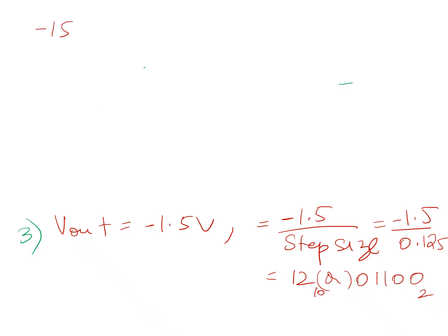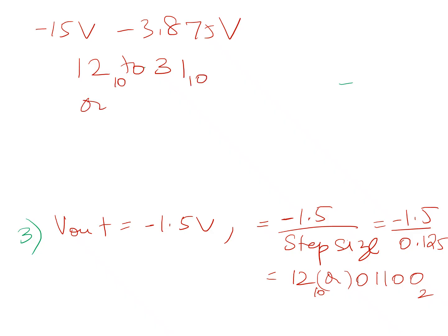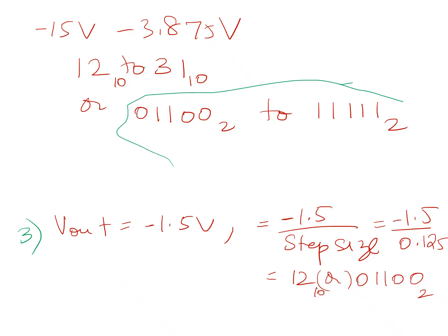If minus 15 volts exceeds the full scale output of minus 3.875 volts, then the input codes that should turn the LED on are 12 to 31 base 10, isn't it? So it is 01100 base 2 to 11111. So this is the solution of the binary code that is required to turn on the LED.